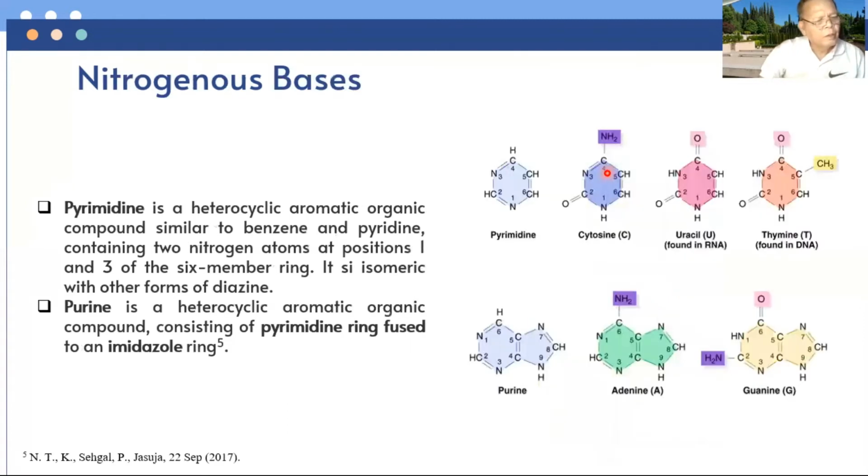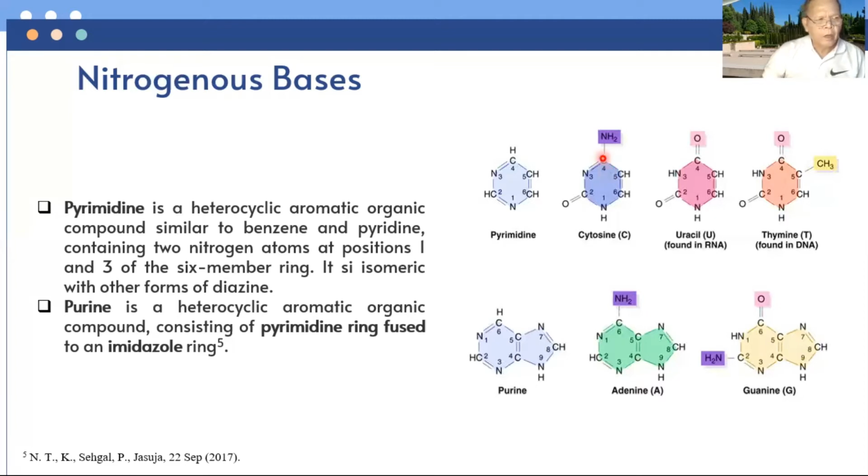Now let's see the nitrogenous bases of this nucleotide. Purine and pyrimidine are the two families of nitrogenous base that make up nucleic acid. In other words, they are the building blocks of DNA and RNA. A DNA strand has a backbone that is made up of a sugar phosphate chain. Attached to each one of these sugars is a nitrogenous base that is composed of a carbon and nitrogen ring.